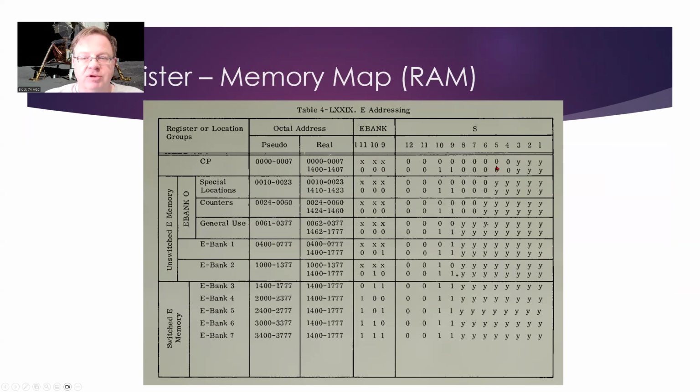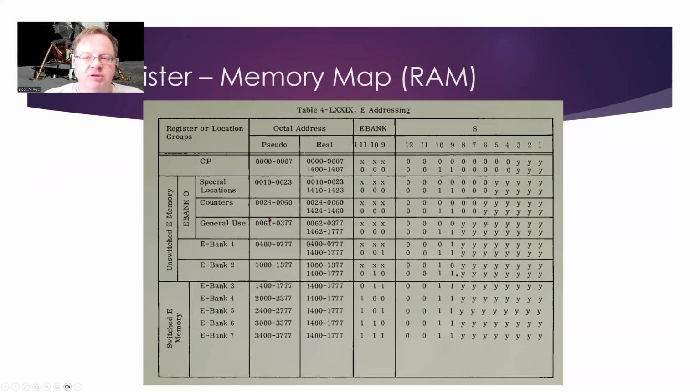So we don't really, per se, use those address cells on the RAM, because they're going to be mapped to registers that we store within the guidance computer. Then there are other special locations to store various pieces of data, counters that we'll be talking about in future episodes. And then we've got the general use.